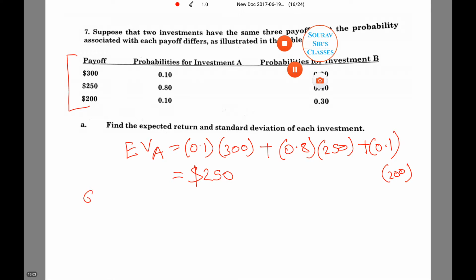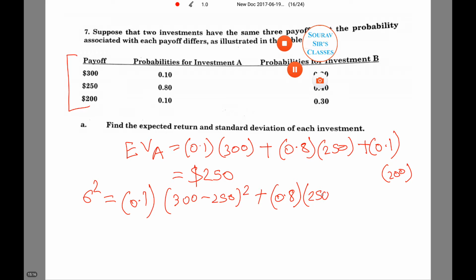Now the variance sigma square is equal to, similarly, 0.1 times (300 minus 250) squared plus 0.8 times (250 minus 250) squared plus 0.1 times (200 minus 250) squared. This amounts to $500.